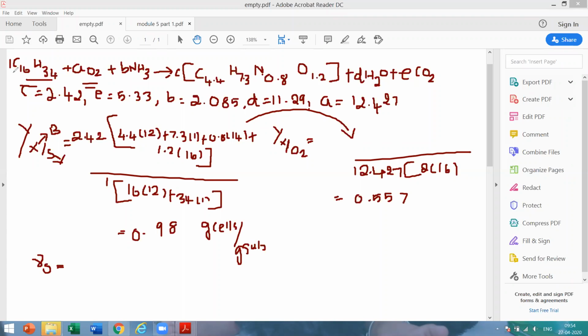I have told you this is not the elemental balance, sorry, equivalence, okay, not the atomic weight.